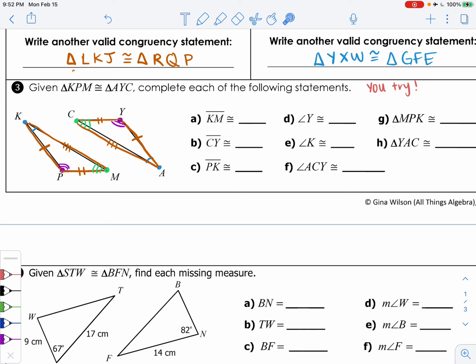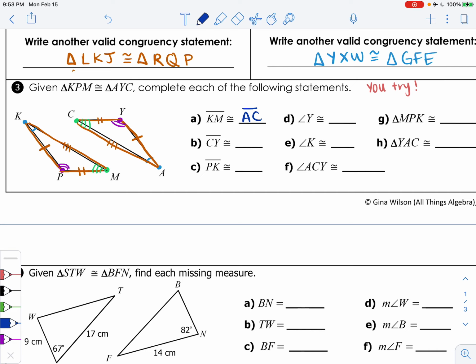So when I list this second side, I have to start with the blue and go to the green. So I would have to list it as line segment AC. It would be incorrect to say CA.